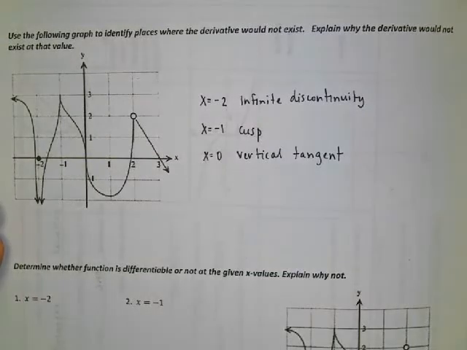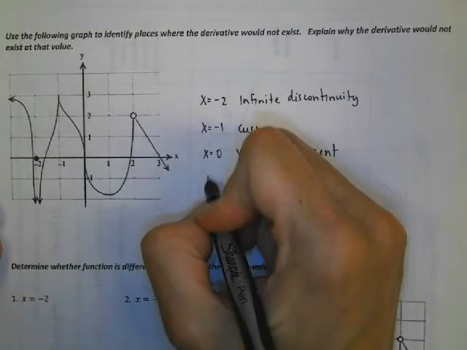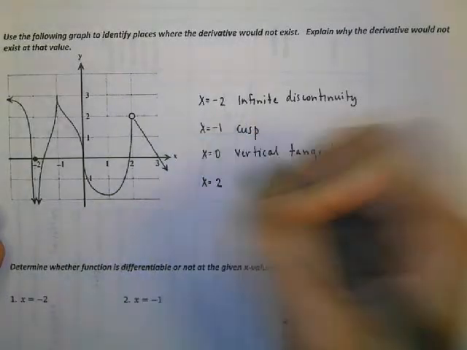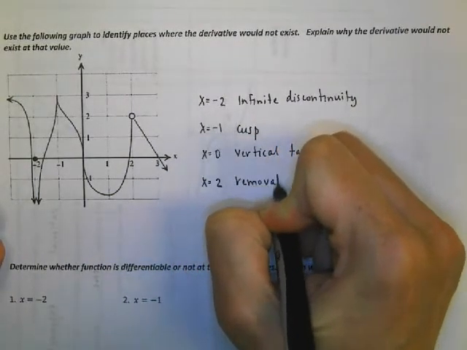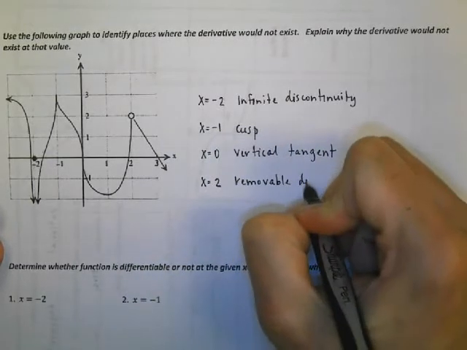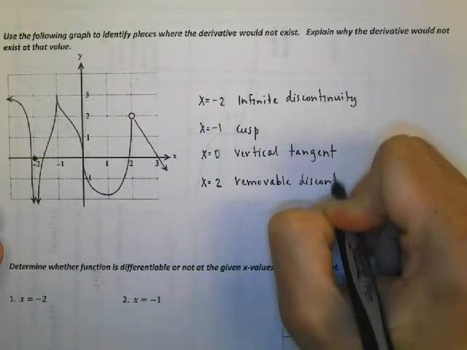And then the last problem we have in terms of differentiability is going to be at x equals 2. And we have here a removable discontinuity. So again, I'm not continuous, so I cannot be differentiable there.